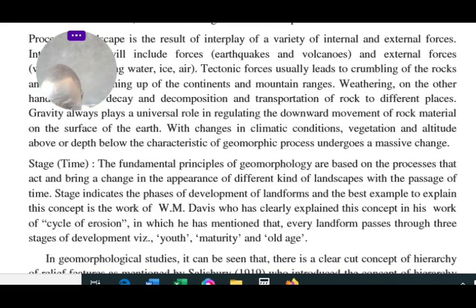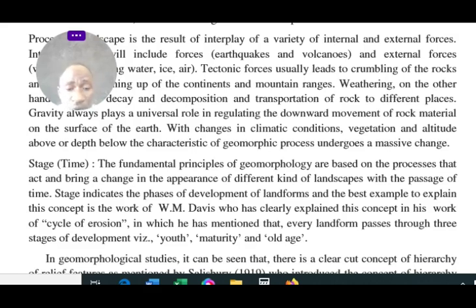For instance, we can also attribute this to what we call the cycle of erosion, in which Davis mentioned that every landform passes through 3 stages of development. When you look at the river stage, you have different stages of a river.